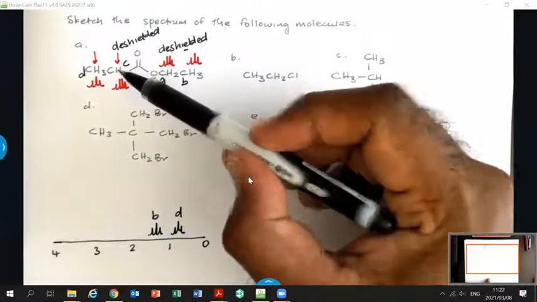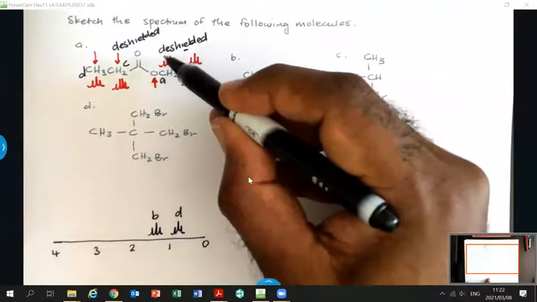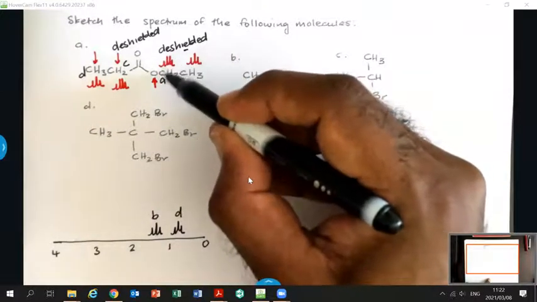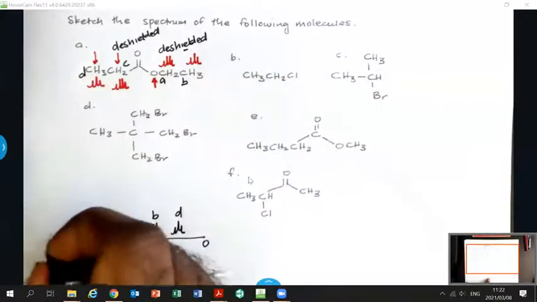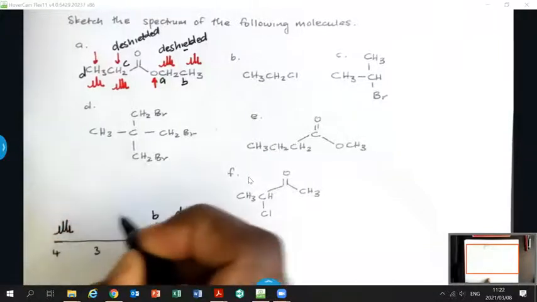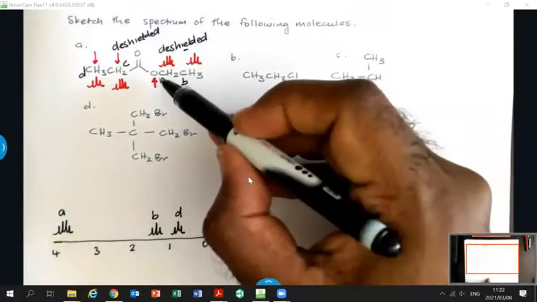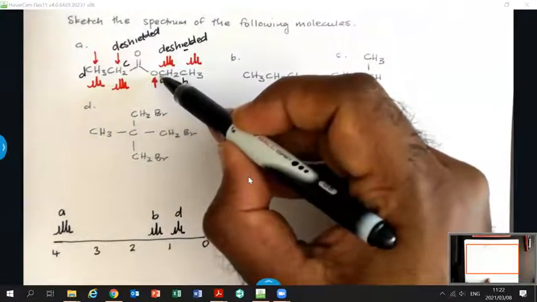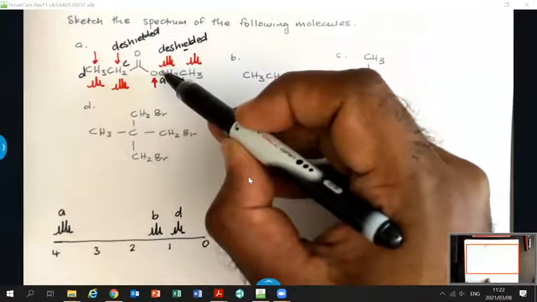Likewise, A and C. If there's an oxygen directly bonded to a carbon that's bonded to a proton, I'm expecting the CH2 group of A to be deshielded somewhere around 4, right? So that's my quartet of A. I'm expecting it around 4, the chemical shift, because the hydrogen has an oxygen 2 bonds away.